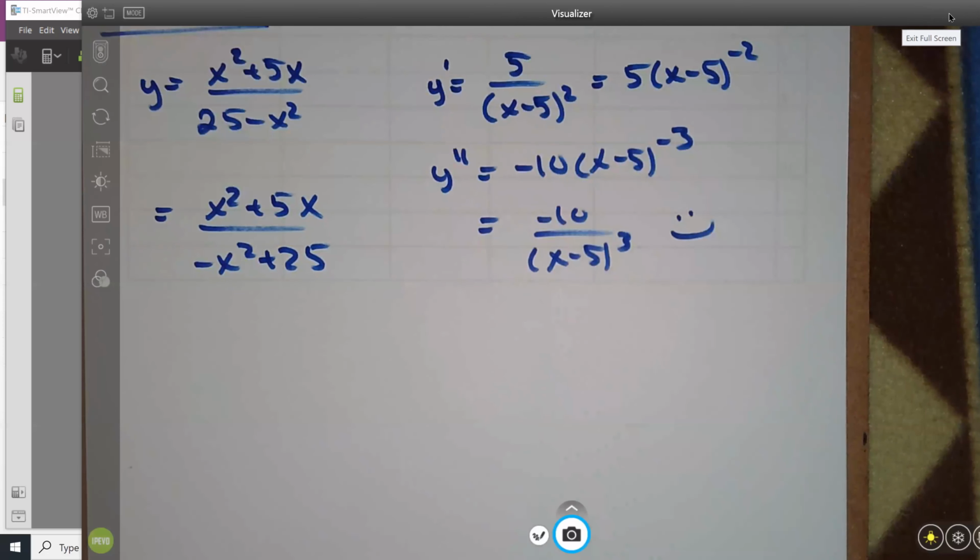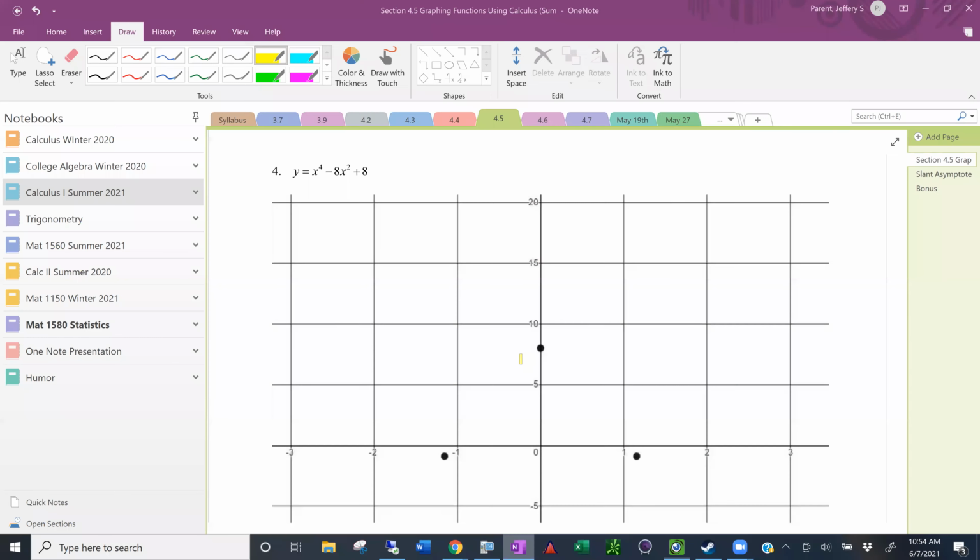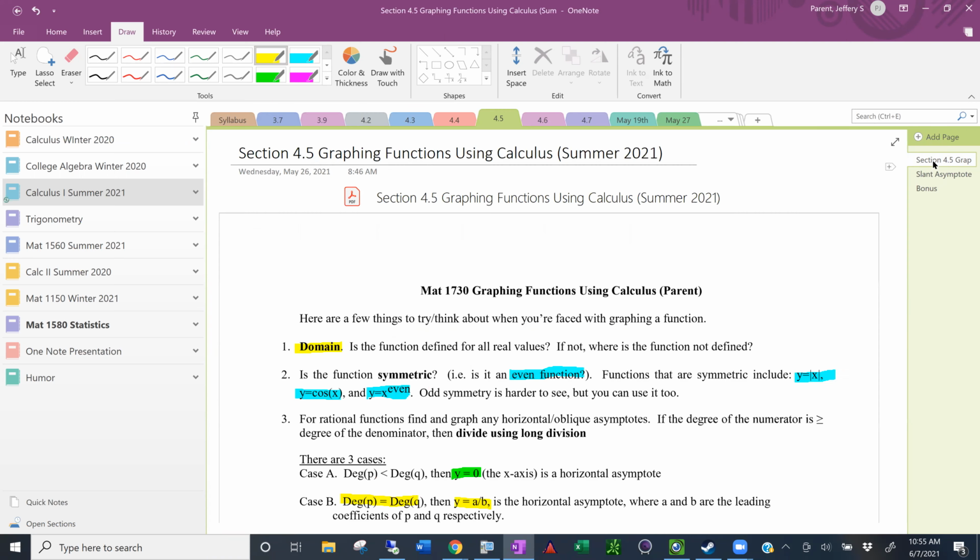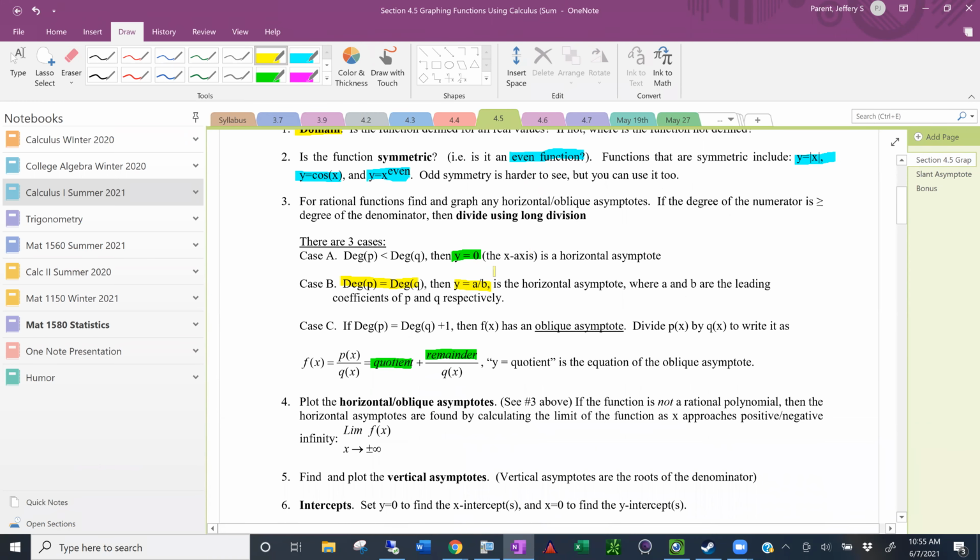Let me help out. If we go back to our handout, kind of at the top, where did it go? There we go. If the degree of the numerator and the degree of the denominator are equal, so this is case B right here, then you get a horizontal asymptote, which is really just a ratio of the leading coefficients.